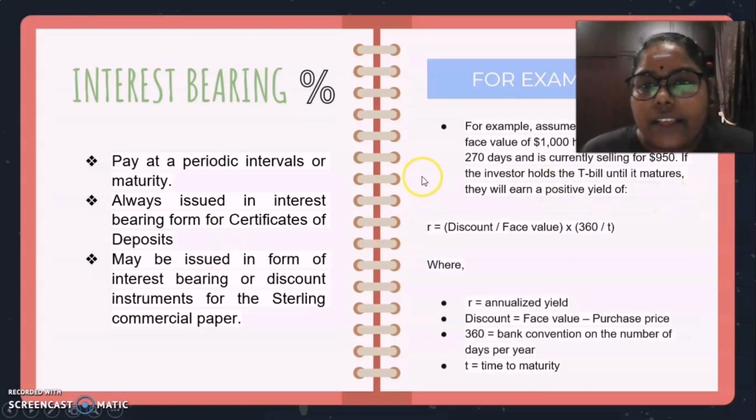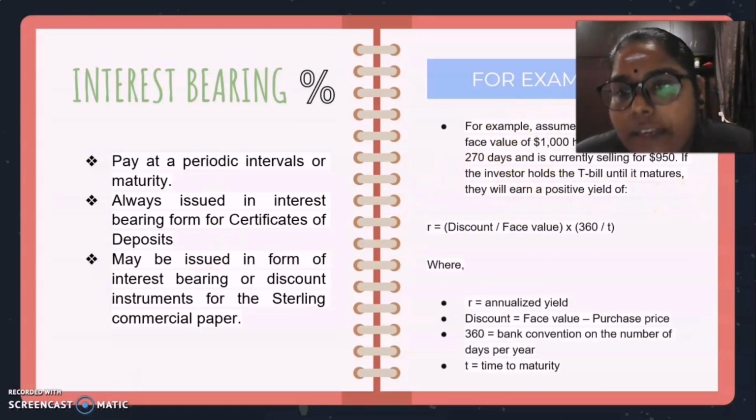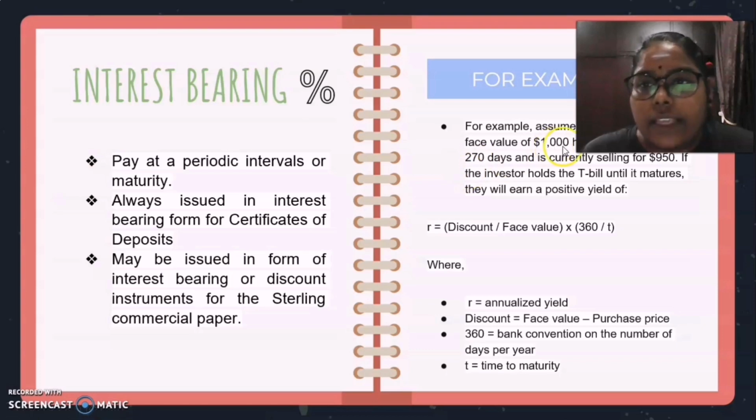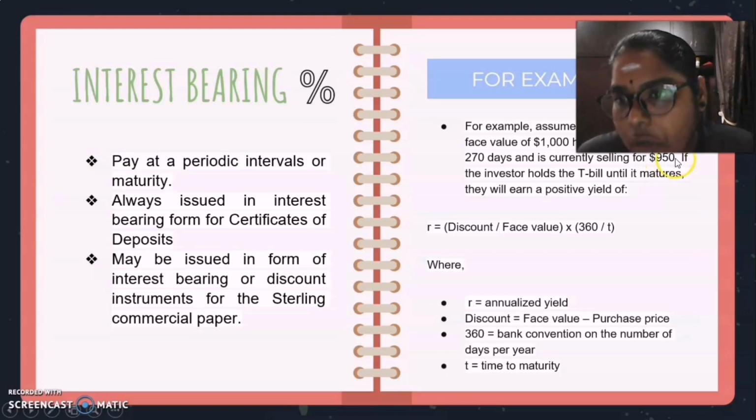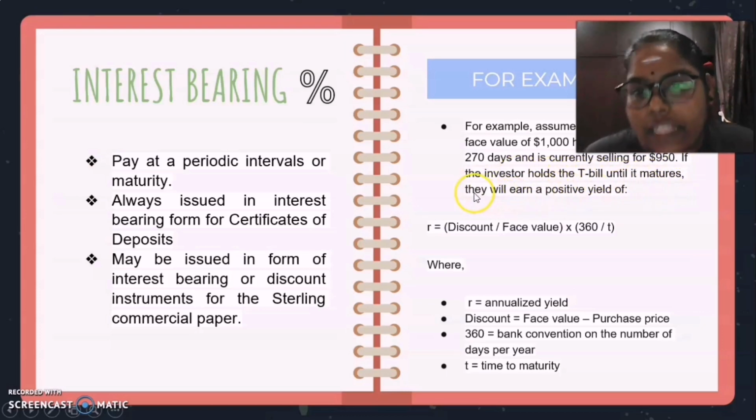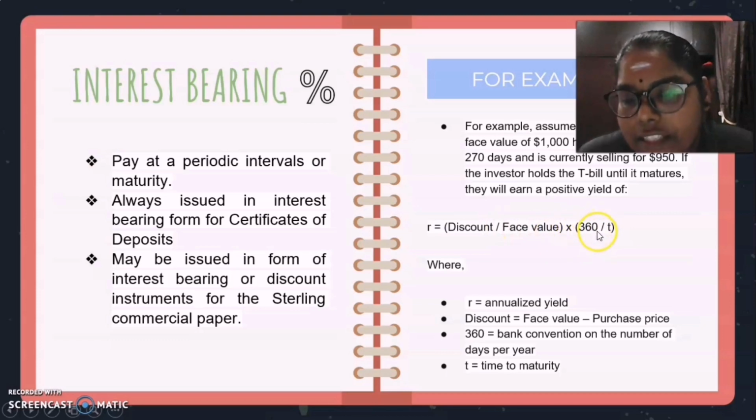For example, assume a treasury bill with a face value of 1000 and a time to maturity of 270 days, and the current selling price is $950. If the investor holds the treasury bill until it matures, they will earn a positive yield equal to the discount divided by the face value, then multiplied by 360 divided by the time to maturity.